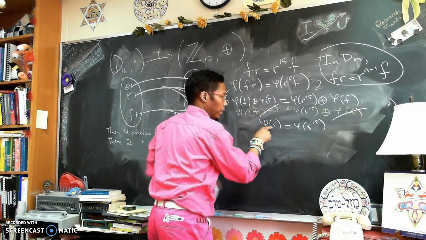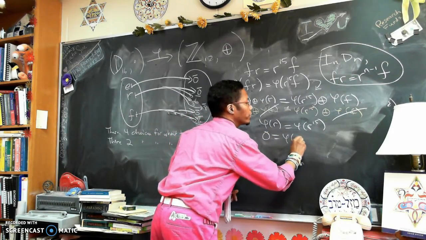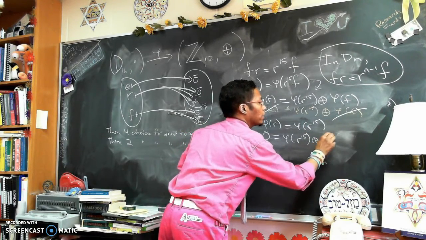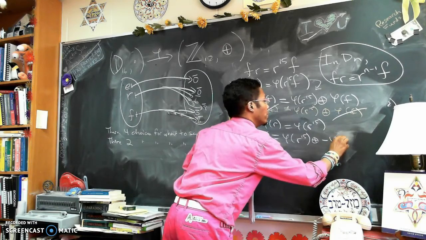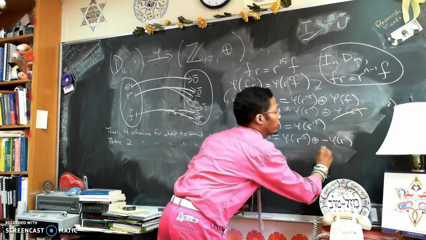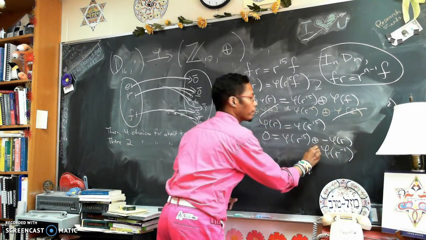Subtracting phi of R from both sides, I get 0 equals phi of R to the 15th plus negative phi of R. But negative phi of R is just phi of R to the inverse by the property of homomorphisms.